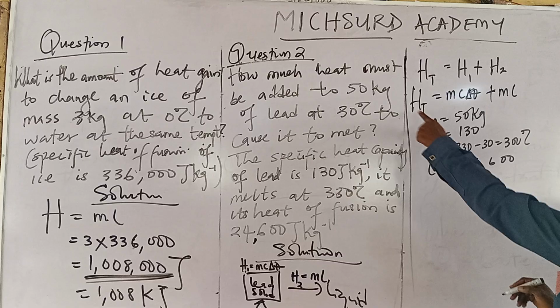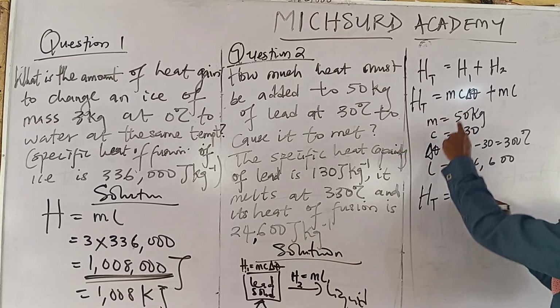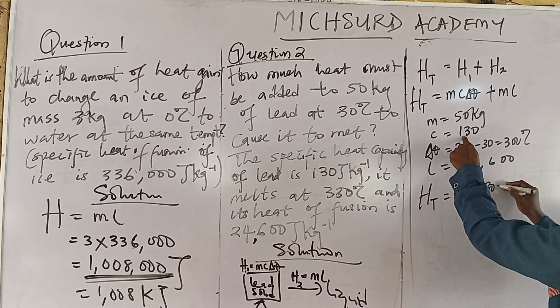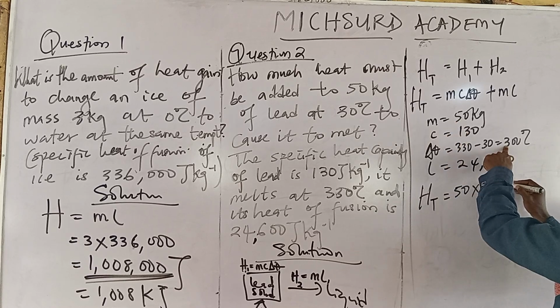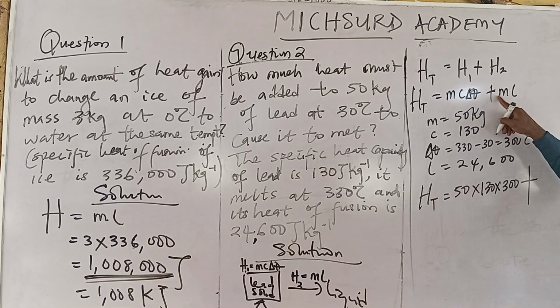If we substitute, the total heat will be m, which is 50, times c, which is 130, times the change in temperature, which is 300. Now we have plus ml: our m is 50, and L is 24,600.